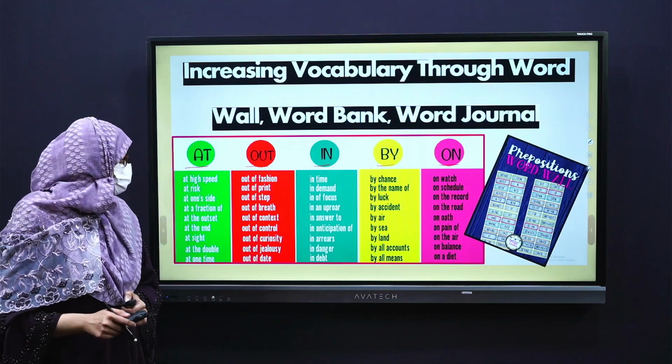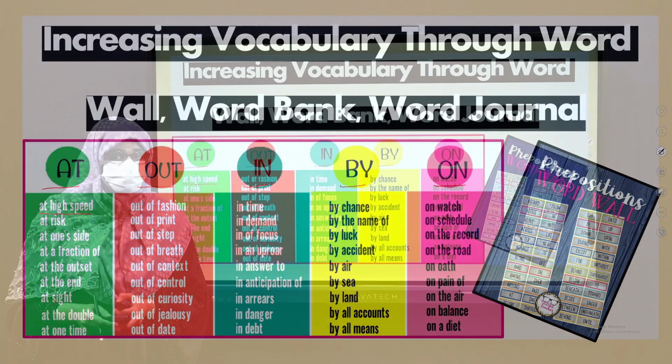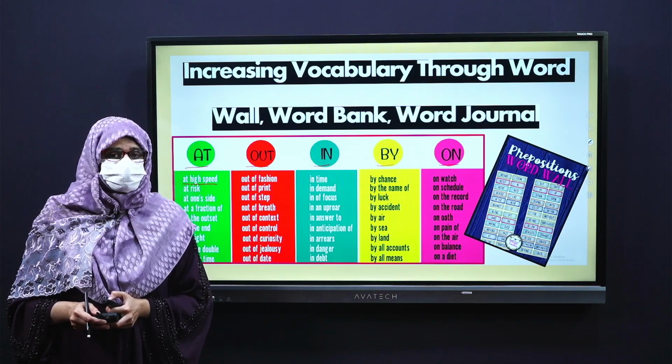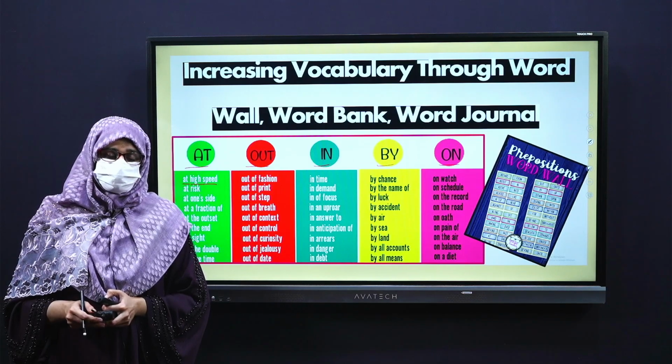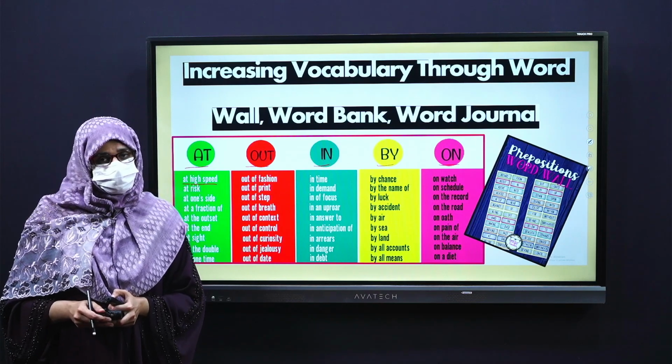For example, at is a preposition, and if we add high speed after it, there is a new phrase, at high speed. What will this do? This will increase and improve your vocabulary, and by this way you can make a word journal or a word bank or a word wall all by yourself.